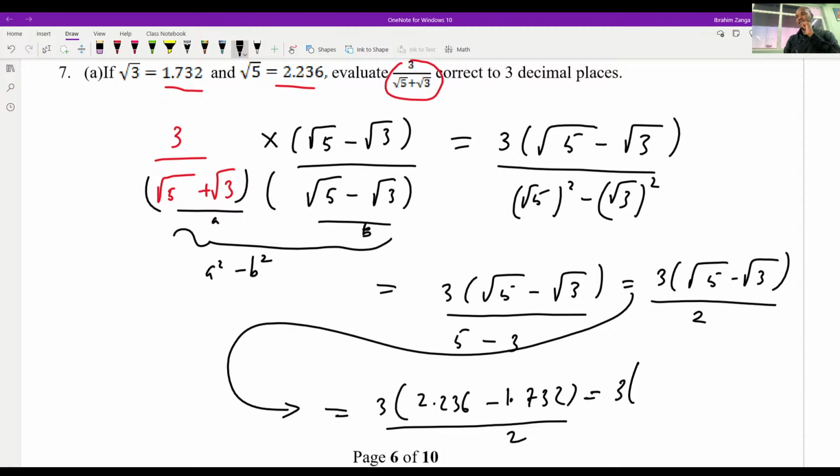So I'll be having 3 times 0.504 divided by 2. You multiply by 3, you divide it by 2. Eventually we get 0.756. So that is the solution for question number 7A.